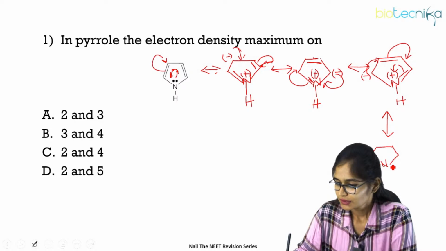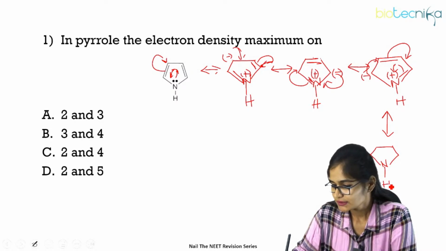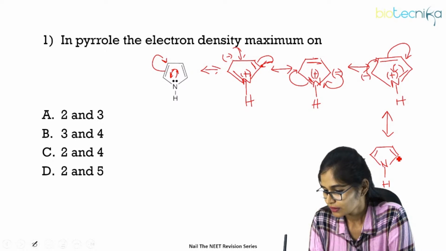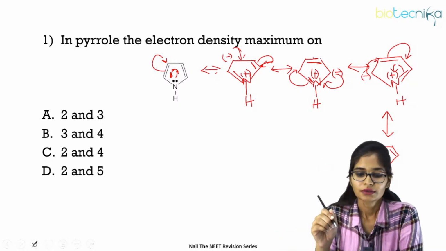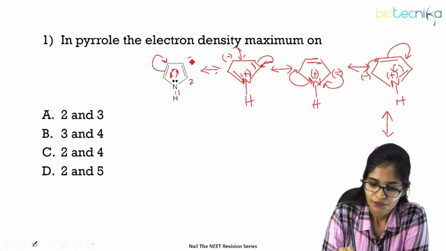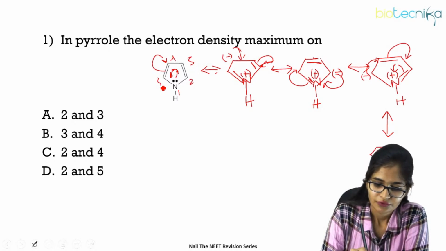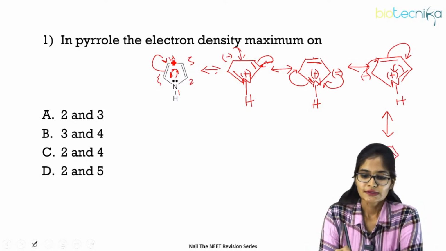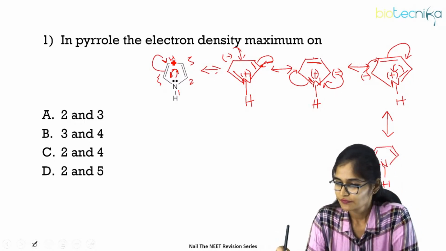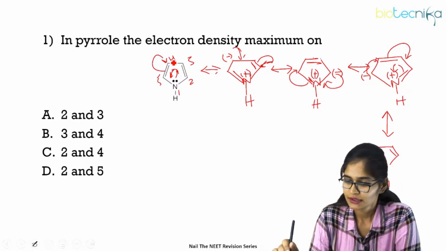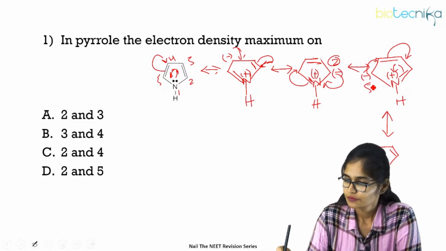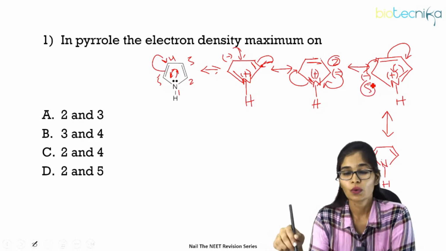Only the thing is, if you consider its resonating structures and the charge separation overall, if I consider the numbering 1, 2, 3, 4, 5, on the second and fifth carbon you can see charges. This is the fifth carbon charge, and here in the second. So this is the second position, and here the fifth position. You can see the charges overall.